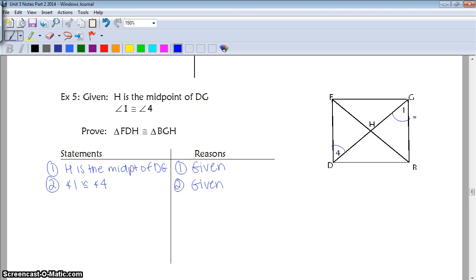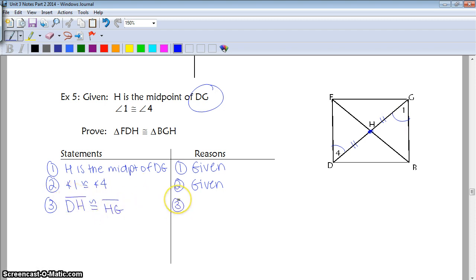Let's go back to that first given piece of information. What does it mean to be a midpoint? Well, it means that it cuts that big piece, DG, in half. So if it's cut in half, that means DH is congruent to HG. That will be our third statement. DH is congruent to HG.